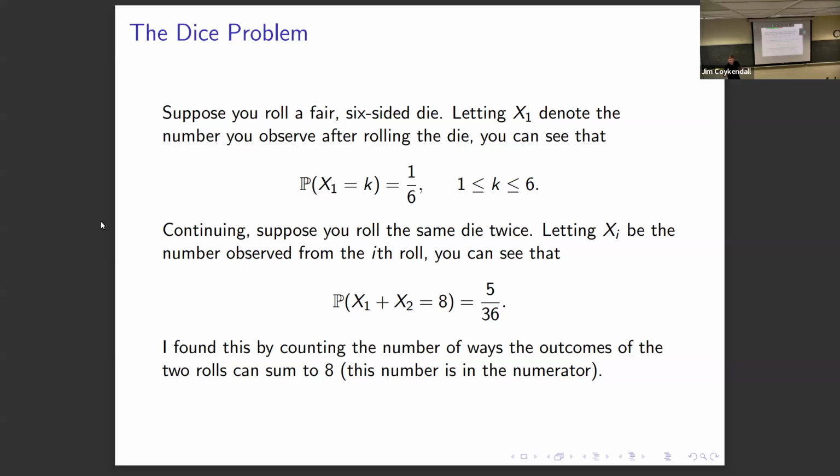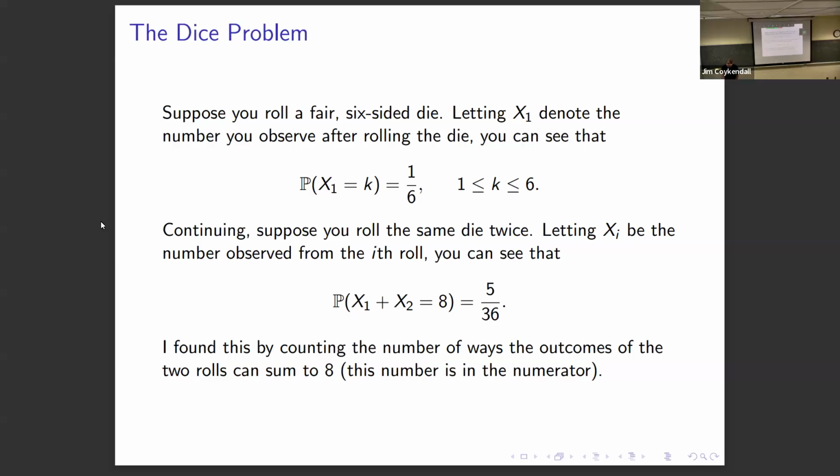Again, it's a model. Technically it's not reality, but it's pretty good. And if you follow that model and you roll the 2 dice, the probability that the sum of the 2 numbers is equal to 8 is going to be 5 over 36. You can figure that out just by enumeration. In other words, you can write down all the possibilities, and figure out which outcomes correspond to a sum of 8. The number of such outcomes is 5, the number of total outcomes is 36, so you get 5 over 36.